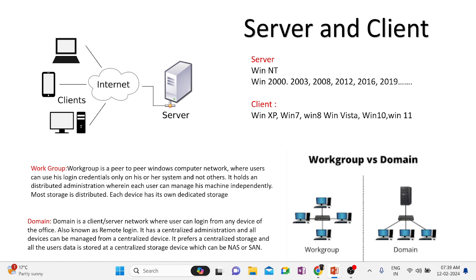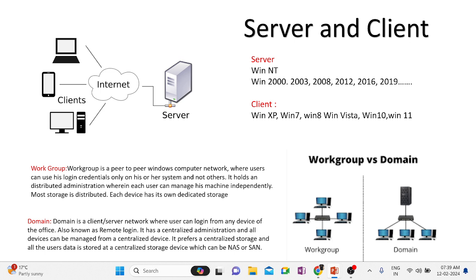But when you have more computers, like 10,000, 20,000, or lakhs of computers and lakhs of users, tracking becomes very difficult, and the administration burden is huge. So that is the reason we need an identity and access management service, and that is called Active Directory in our case.